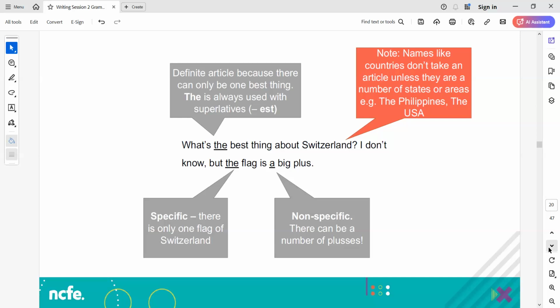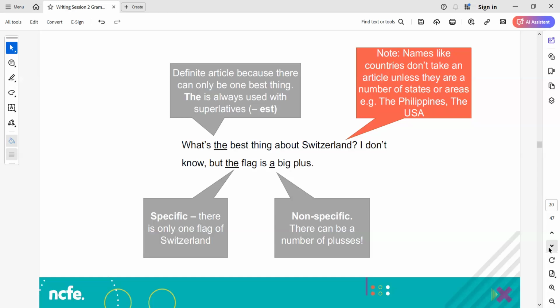It's not generic. So what's the best thing about Switzerland? I don't know, but the flag. So we're talking about the Swiss flag, so it's now specific. There is only one flag of Switzerland. And it's a big plus because there could be a number of pluses, so it's non-specific.